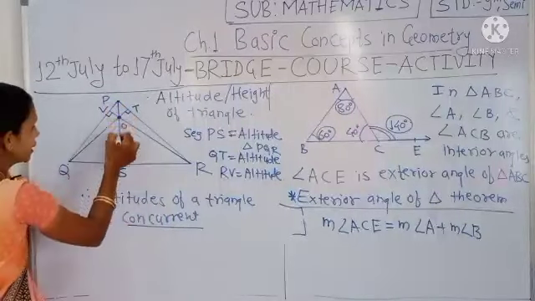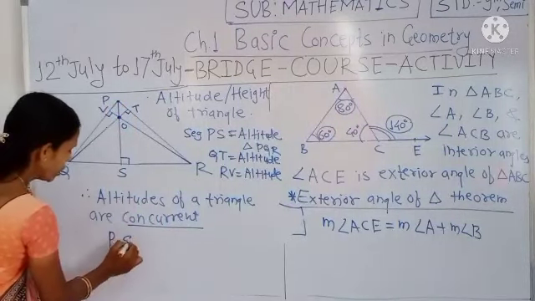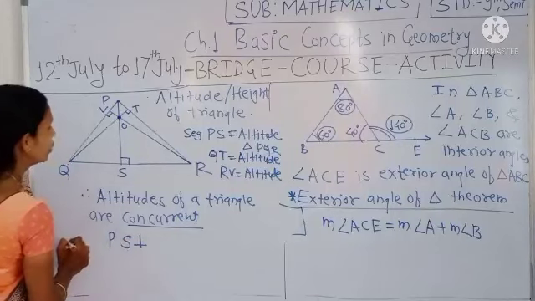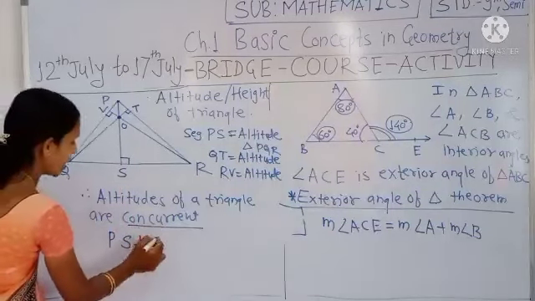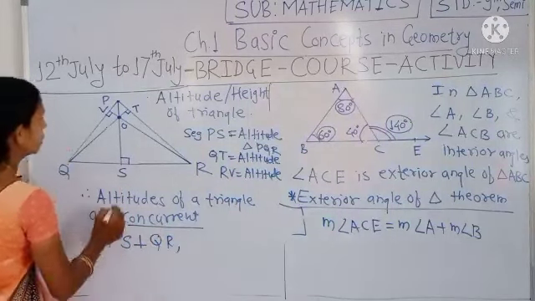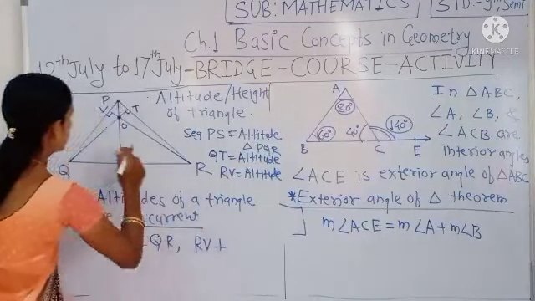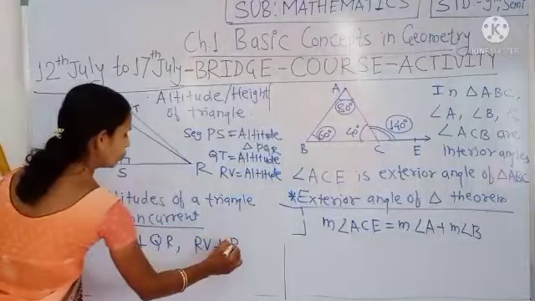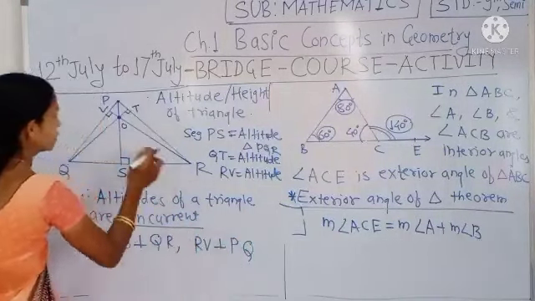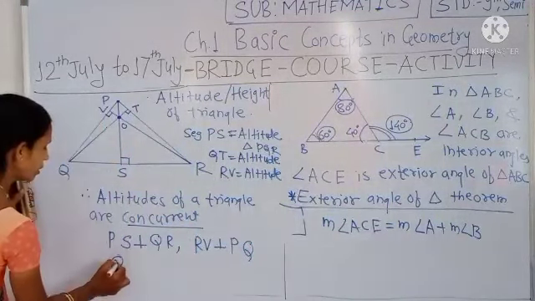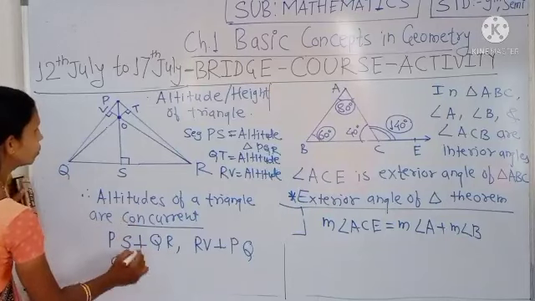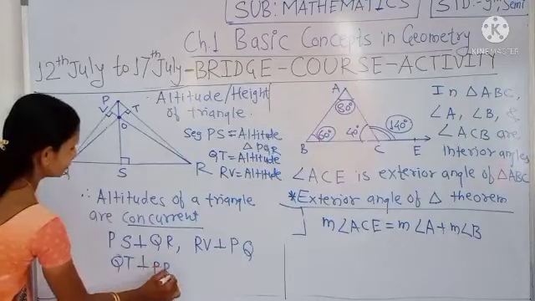Then PS is altitude, therefore PS is perpendicular to QR. Similarly, RV is perpendicular to PQ, as well as QT is perpendicular to PR.